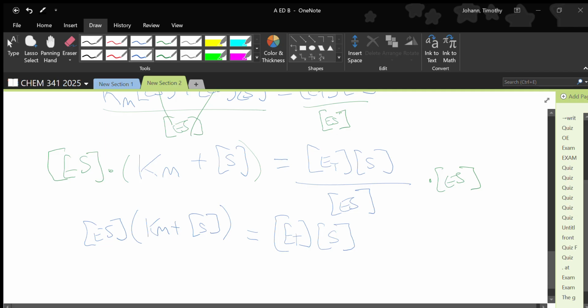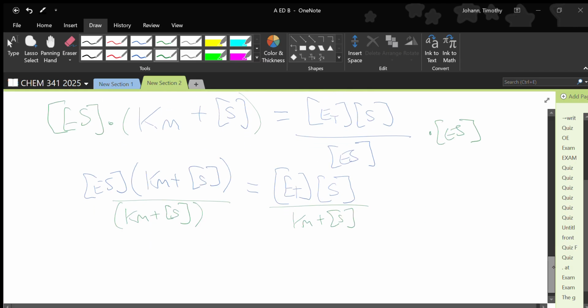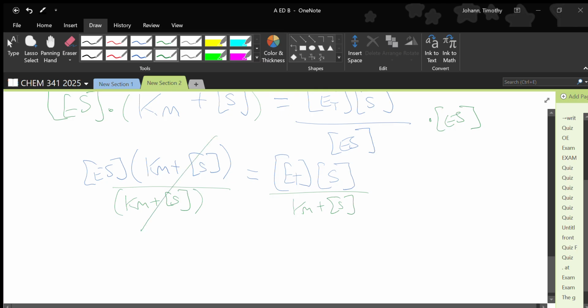Okay, so we're here. If I now divide both sides by Km plus substrate, that's the big thing. Okay, and this cancels, leaving me with enzyme substrate complex is equal to enzyme total times substrate over Km plus substrate.